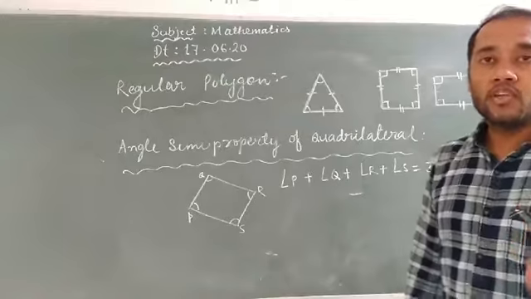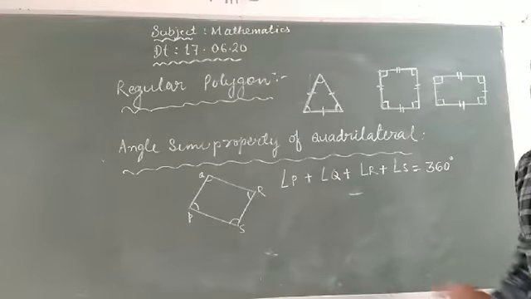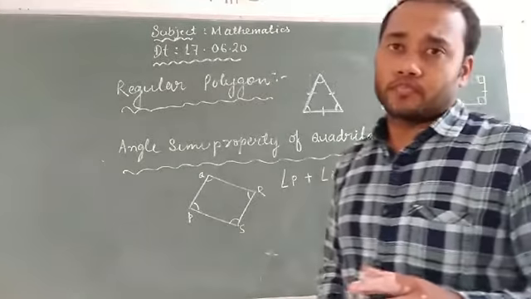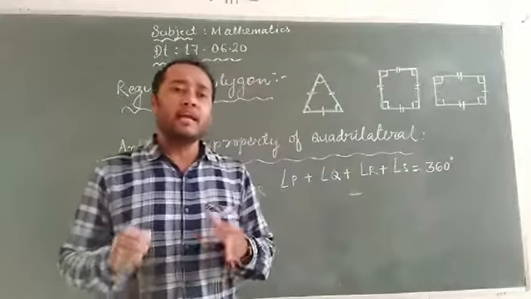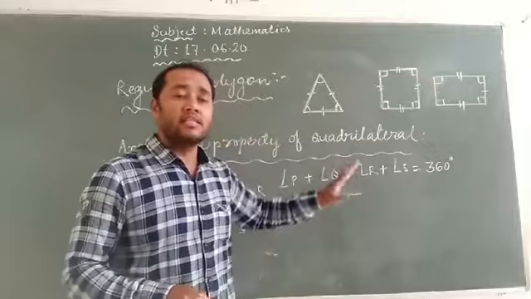How much? 360 degrees, right? So it says that the sum of all 4 interior angles of a quadrilateral is 360 degrees.